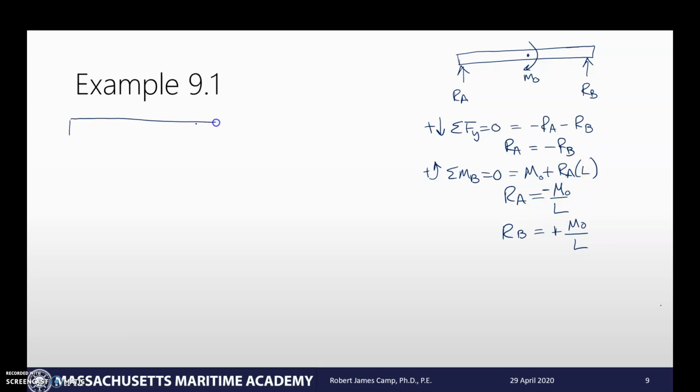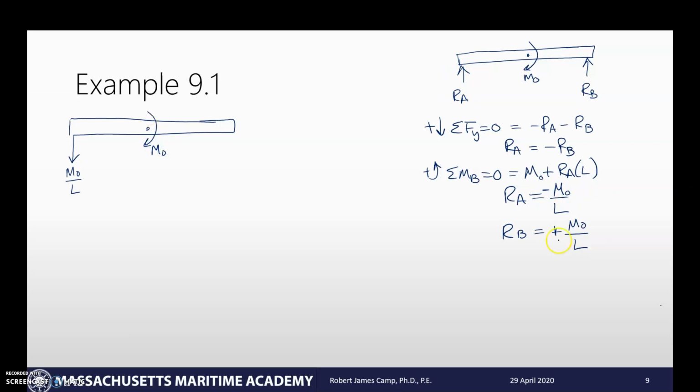I'm going to redraw it over here, and the reason I want to redraw it in the correct direction is for when I do my shear and moment. So this is MO over L. Why is it negative? Because I drew it in the wrong direction over here.